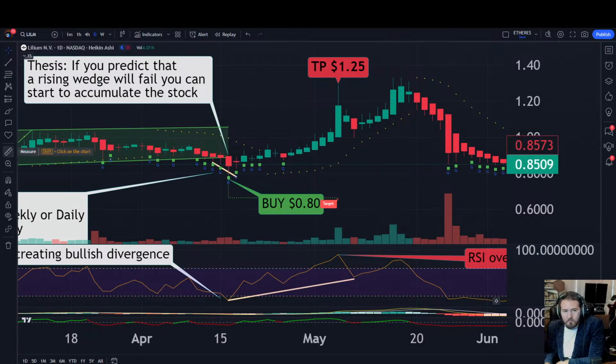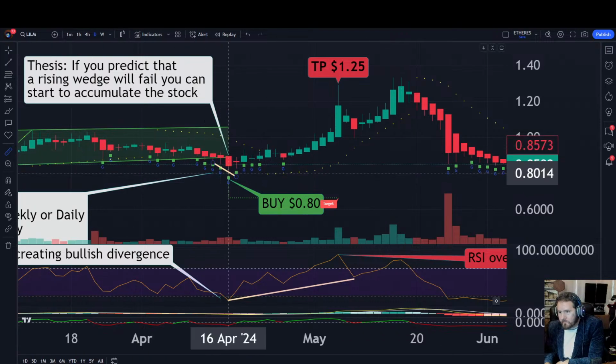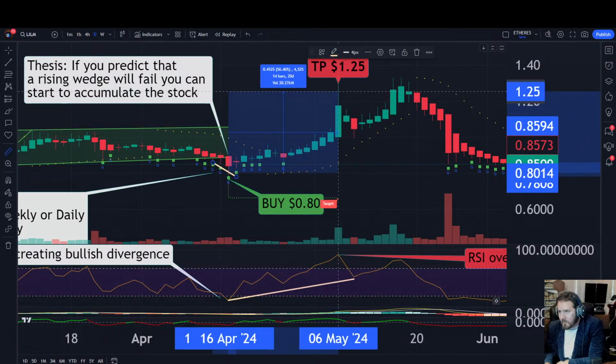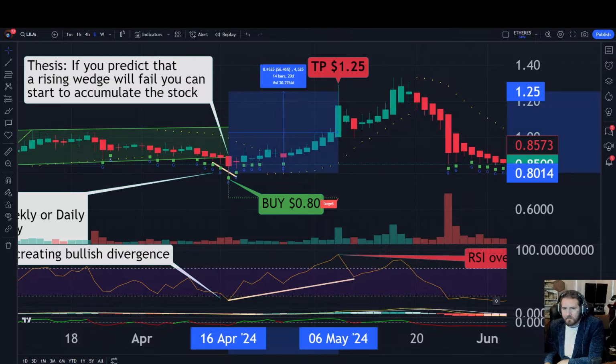Let's see how much money they would have earned from this trade. About 80 cents, maybe a little bit more with fees, to $1.25. That's about 56% earnings. It's not bad. It's not bad that they would have earned 56% from this trade by purchasing the stock in prediction that the rising wedge would fail. I would take it. It's a lot of money. I would take that money.